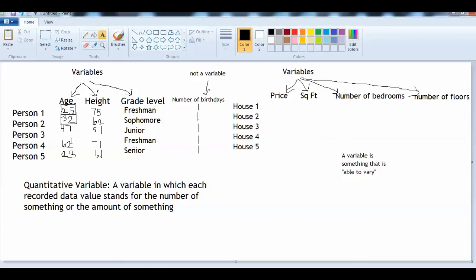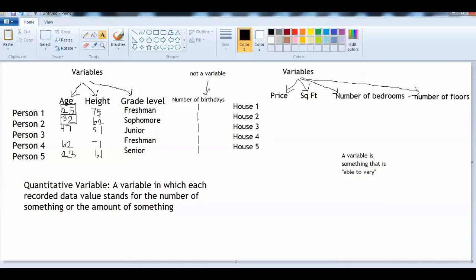So each person's age and height are both quantitative variables, because each person's age is an amount of something. You could think of it as the number of years that the person has lived, or as the amount of age that the person has. So each person's number is a quantity, meaning the number of something or the amount of something.